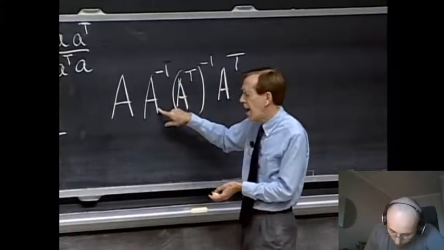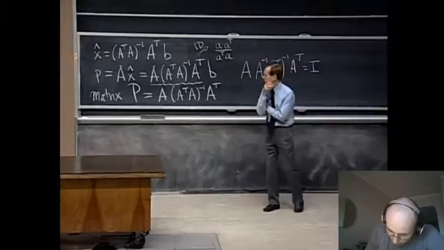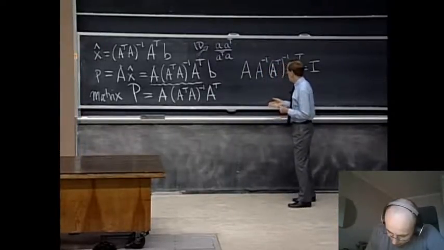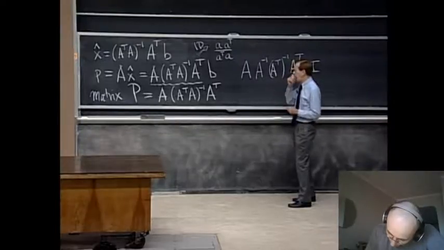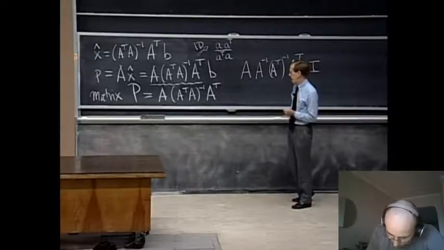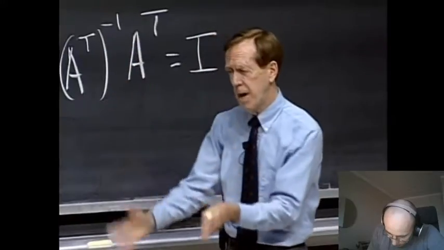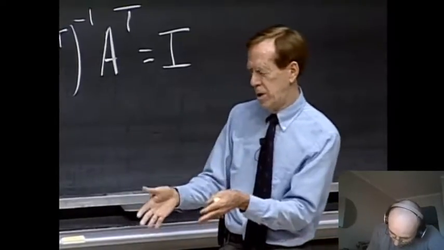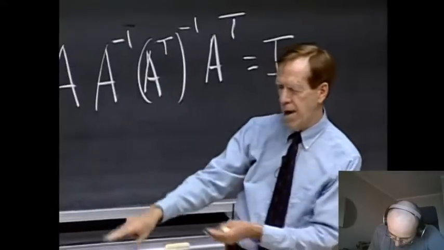This is not okay if A was a square invertible matrix, then I couldn't complain. Yeah, let me think about that case. But my main case, the whole reason I'm doing all this, is that A is a matrix that has too many rows. It's just got a couple of columns, like A1 and A2.